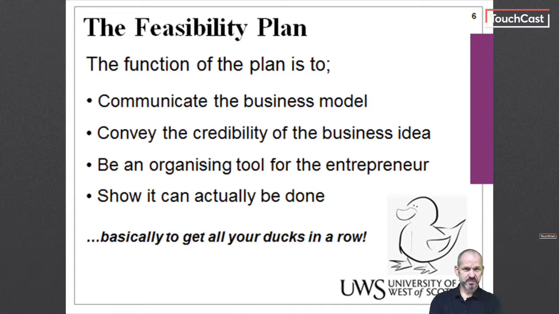Now in this module we'll be using a feasibility plan to demonstrate that our idea is desirable, viable and feasible. And in this session I'll take you through the process of developing a feasibility plan step by step. But first, watch this short video which provides a brief overview of the key stages in this process.